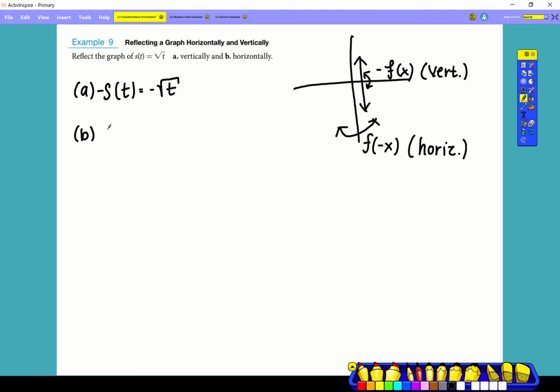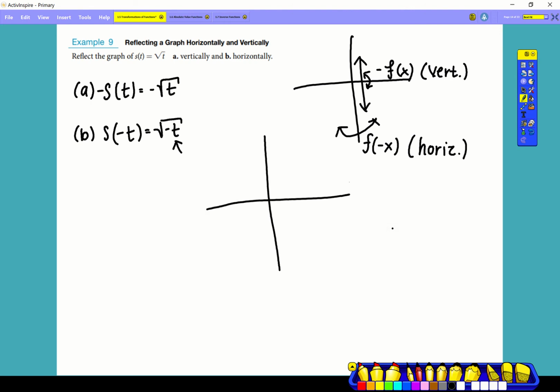If we want to flip something horizontally, this is what we get. Okay, so notice here that these are not real numbers, right?